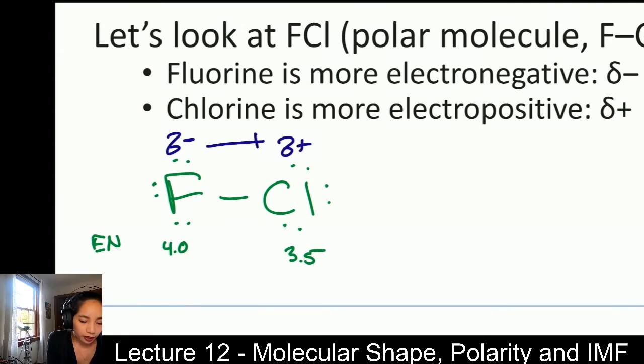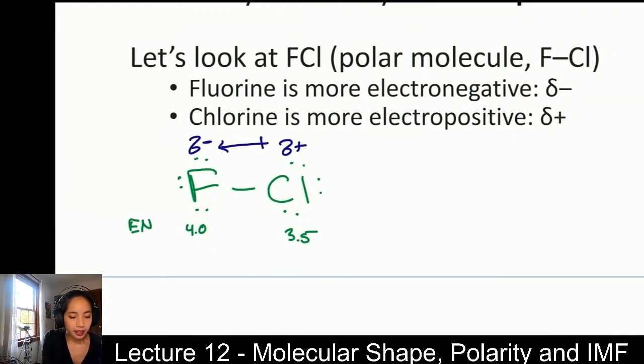This is what I mean by a permanent dipole. This dipole doesn't go away, because of where the atoms are in this molecule. So this permanent dipole can interact with another permanent dipole on a neighboring molecule. If this chlorine end is positive, it's going to be attracted towards a partial negative end of another fluorine monochloride molecule.